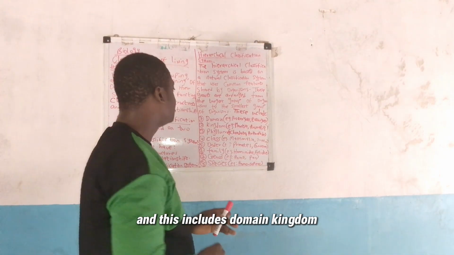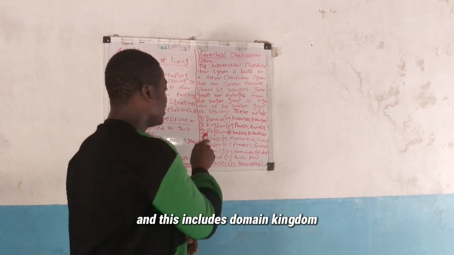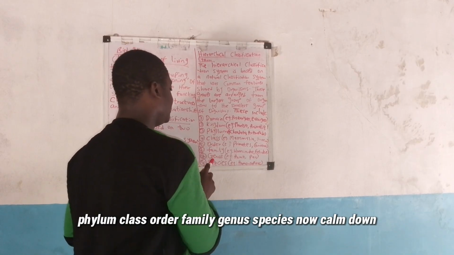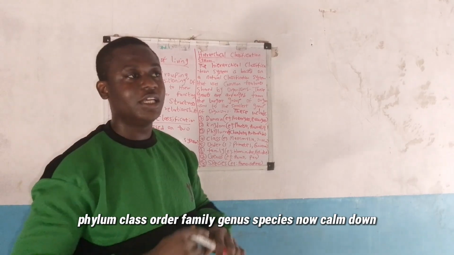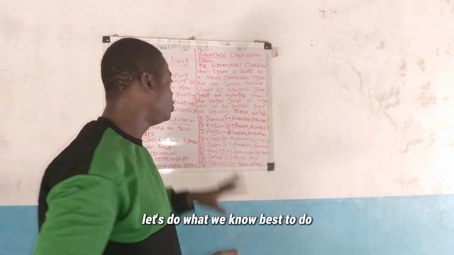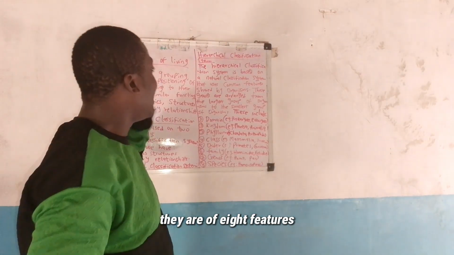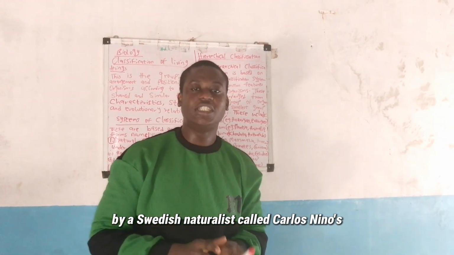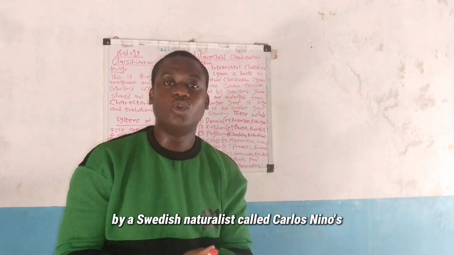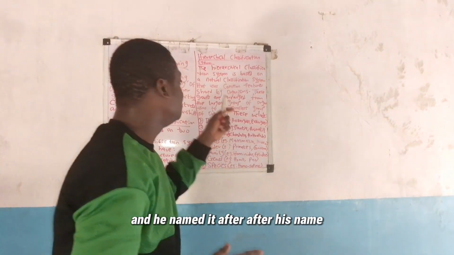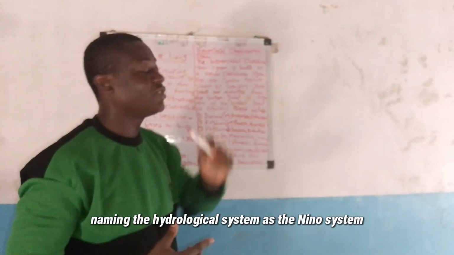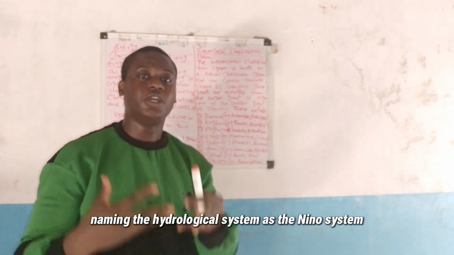And this includes domain, kingdom, phylum, class, order, family, genus, species. Now calm down. There are 8 levels. And note that this hierarchical classification system was enacted and discovered by a Swedish naturalist called Carolus Linnaeus, and he named it after his name, naming the hierarchical classification system as the Linnean system.